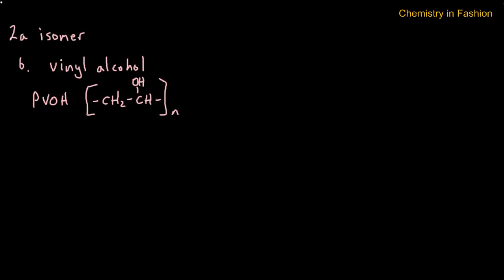And if we look at the basic formula for that, it will be C of the vinyl alcohol now, C2H3OH.